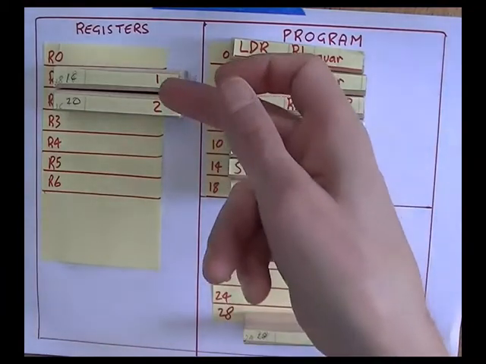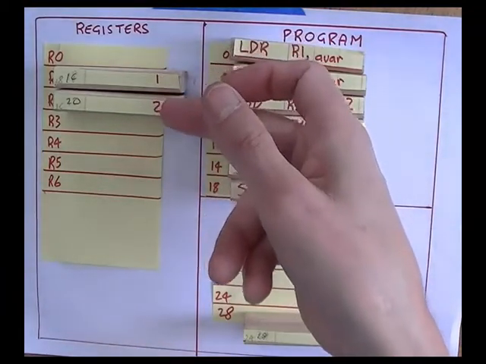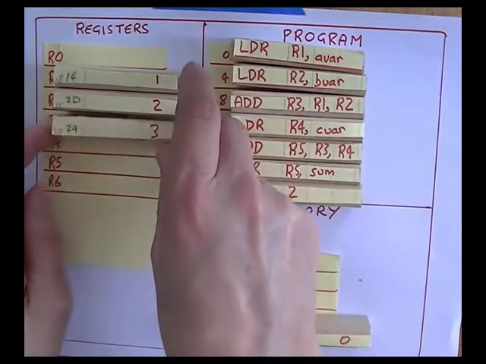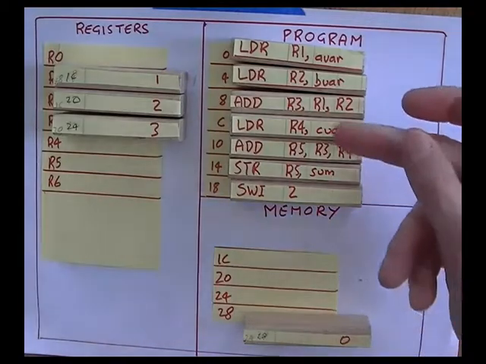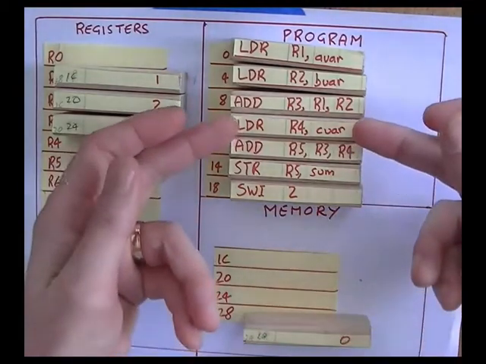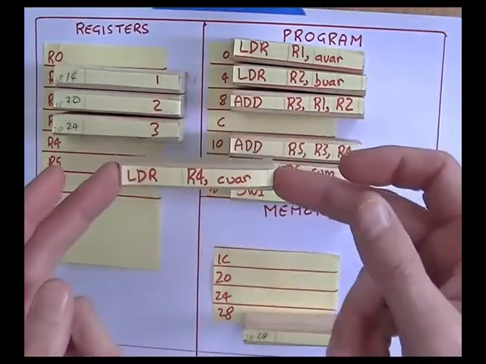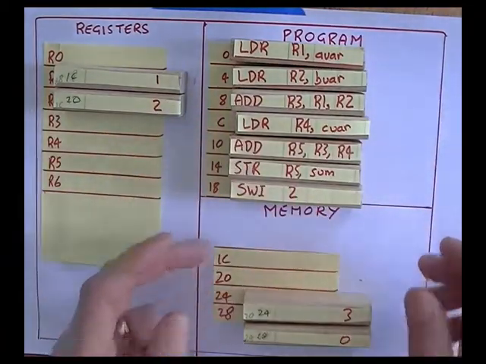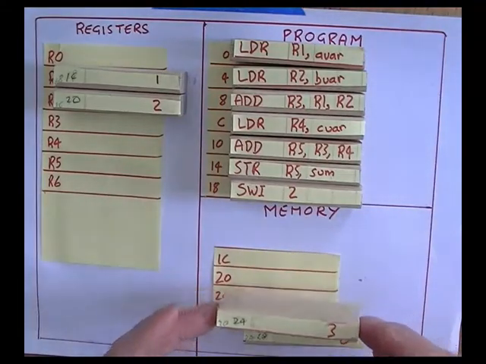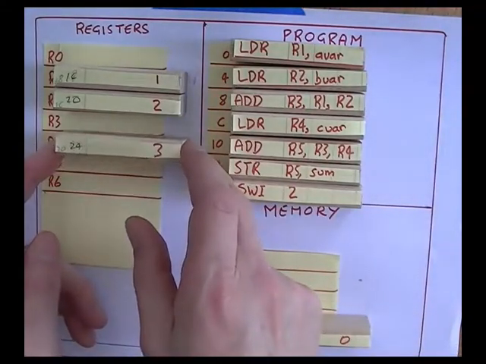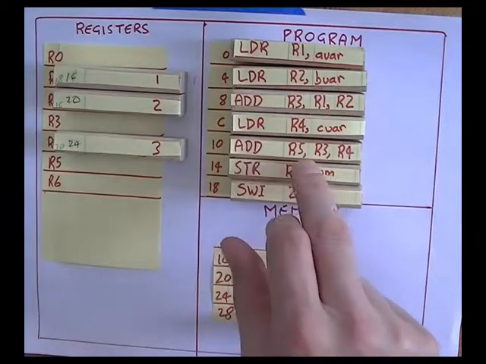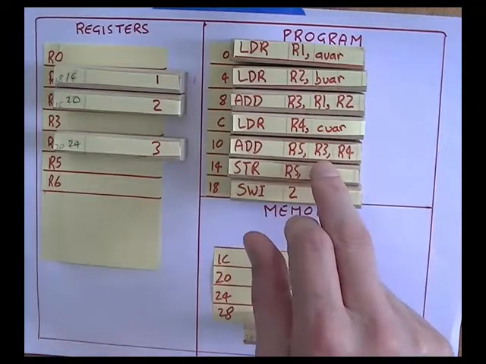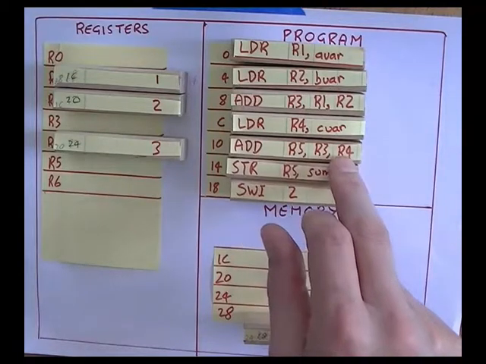So basically what it does, it adds R1 to R2 through an accumulator, and the result is 3, and that 3 is placed in R3. Then it goes to the next instruction here, load R4 with CVAR, and CVAR is actually 3 as well, so it then loads 3 into R4, and then it says add R5 is the resulted accumulation, and we're adding R3 and R4.